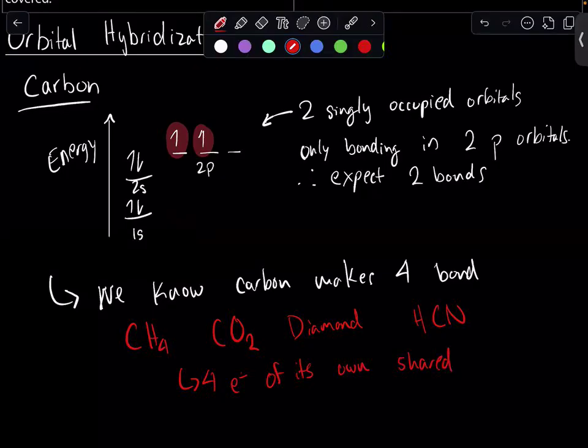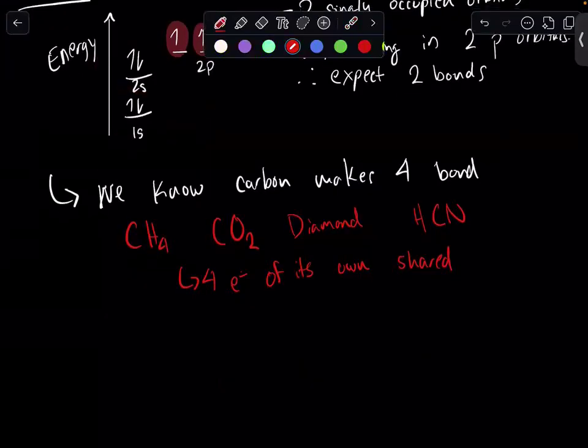So what happens? How do we go from these two singly occupied orbitals to four singly occupied orbitals? In fact, we only have one open orbital anyways. So what happens? Because its four valence electrons are all going to bond. This happens through a process called excitation.